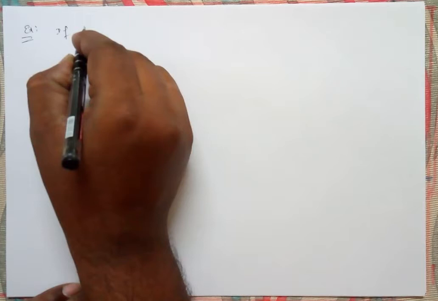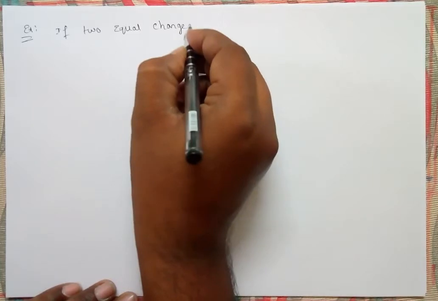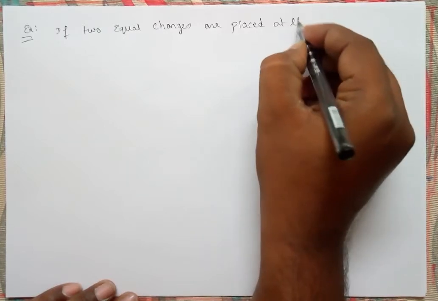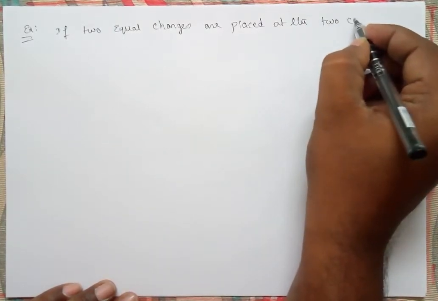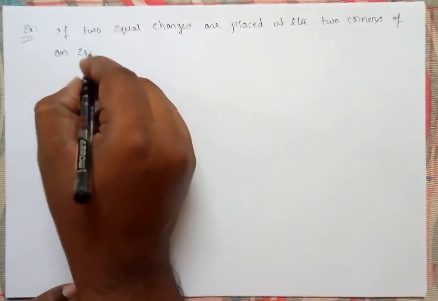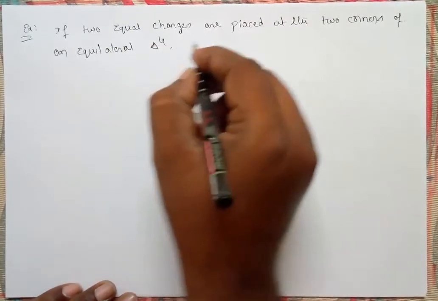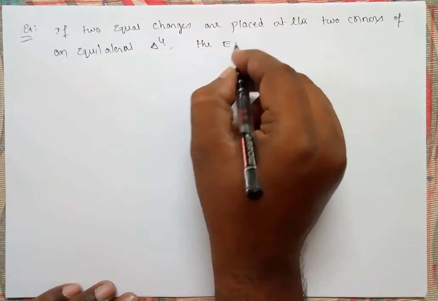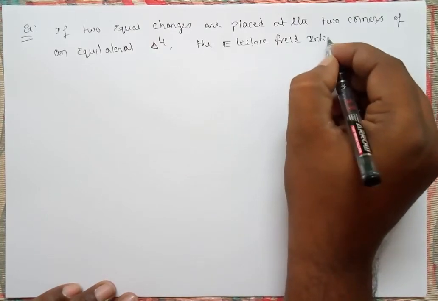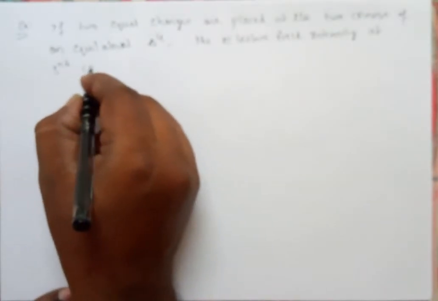If two equal charges are placed at two corners of an equilateral triangle, then find the electric field intensity at the third corner.